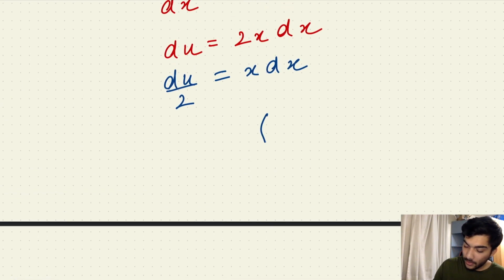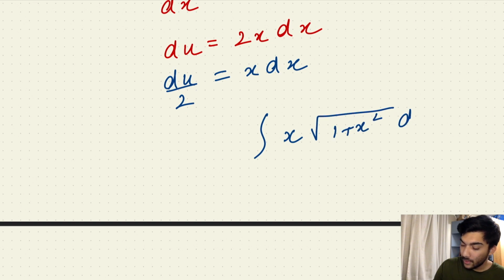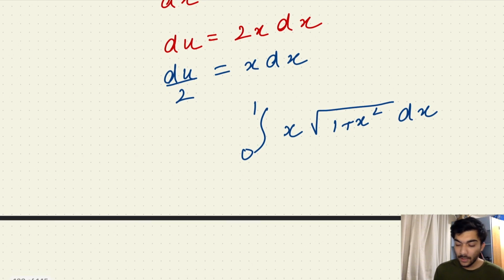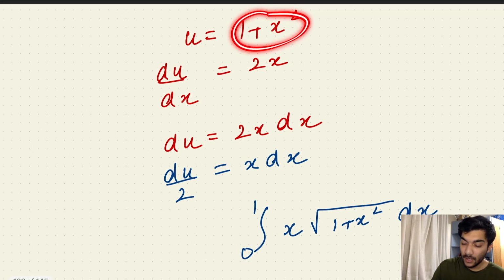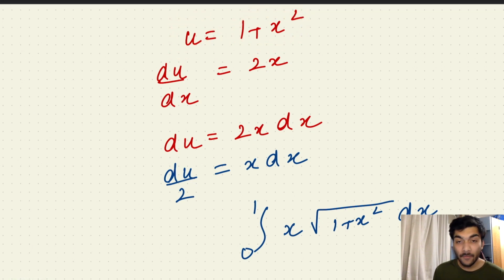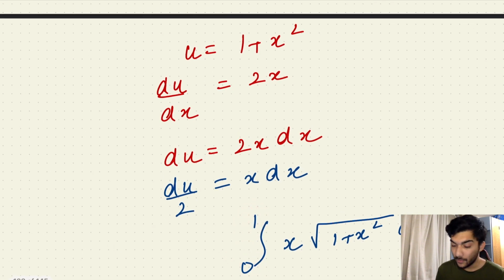The definite integral is originally the integral of x times the square root of 1 plus x square dx from 0 to 1, right? And now, since we are changing our x to the u notation, we will also have to change our endpoints based on the function transformation.